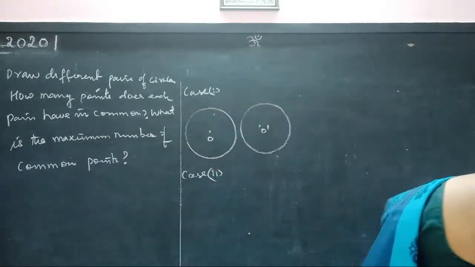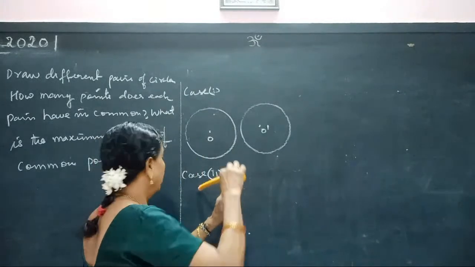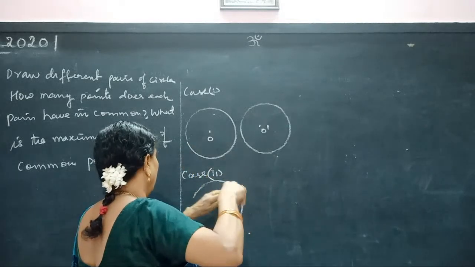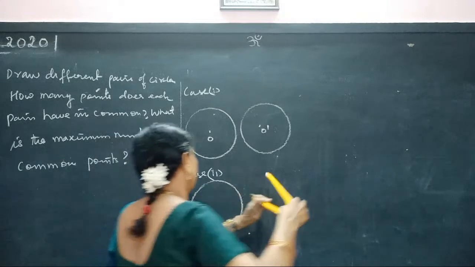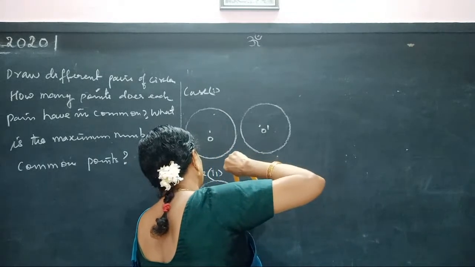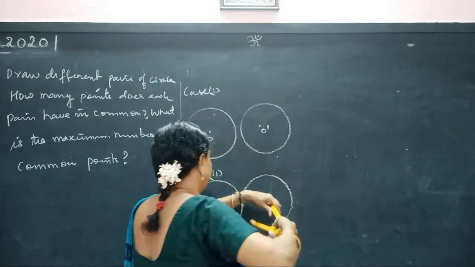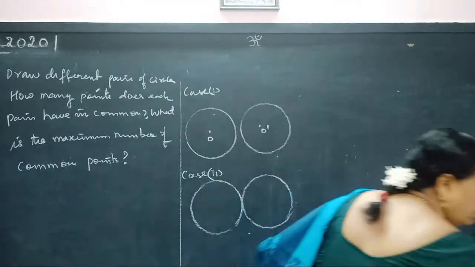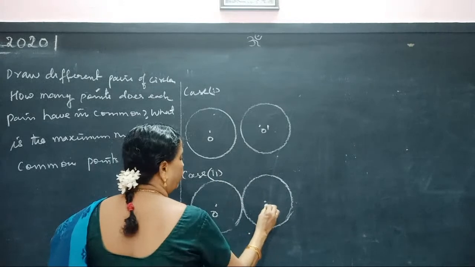Here I am drawing two circles like this. Can you see? O, O dash.